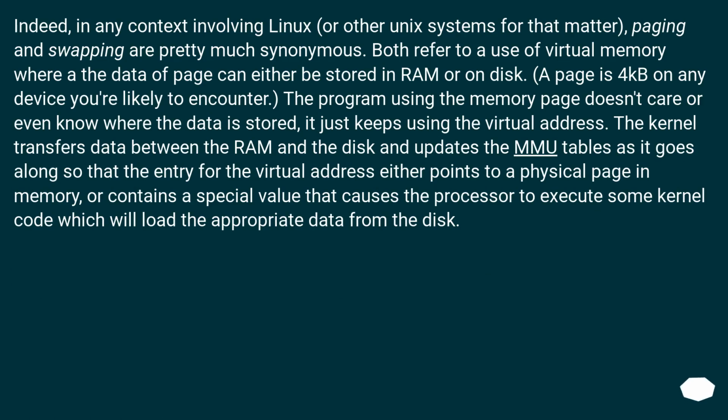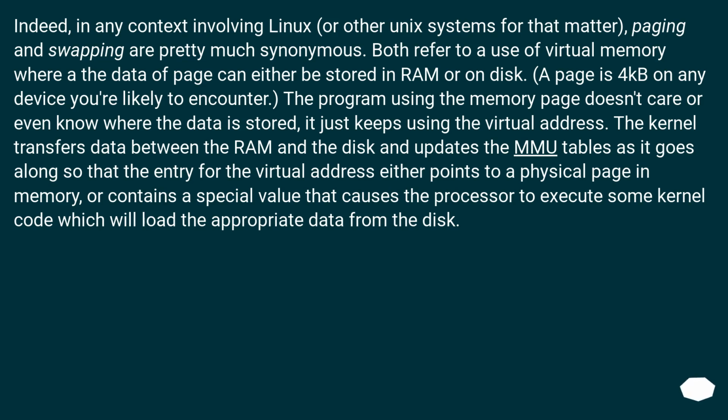Indeed, in any context involving Linux, or other Unix systems for that matter, paging and swapping are pretty much synonymous. Both refer to a use of virtual memory where the data of a page can either be stored in RAM or on disk. A page is 4 kilobytes on any device you're likely to encounter.